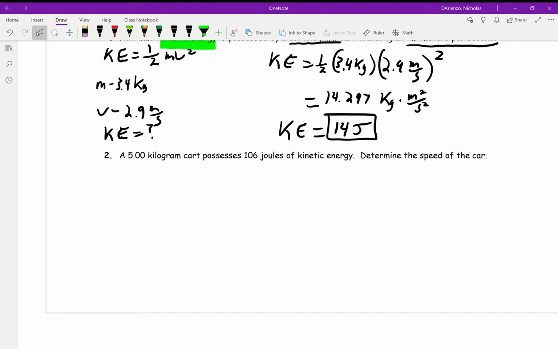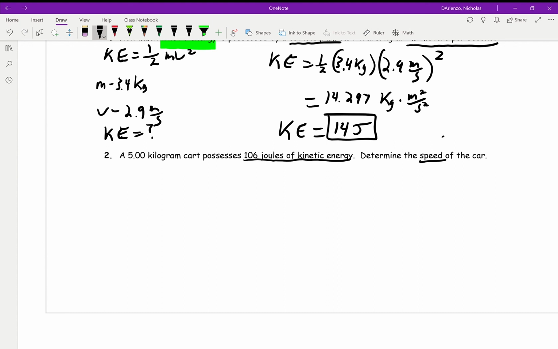For number 2 here, a 5 kilogram cart possesses 106 joules of kinetic energy. Determine the speed of the cart. So we have 106 joules of kinetic energy. We want to determine the speed.